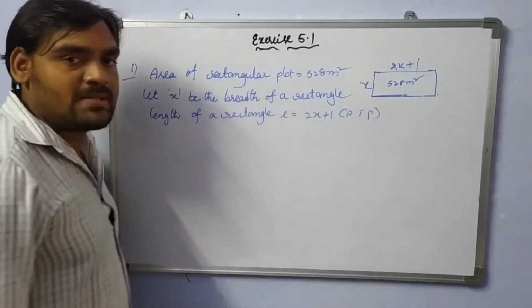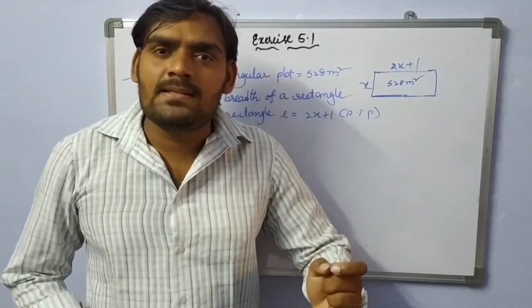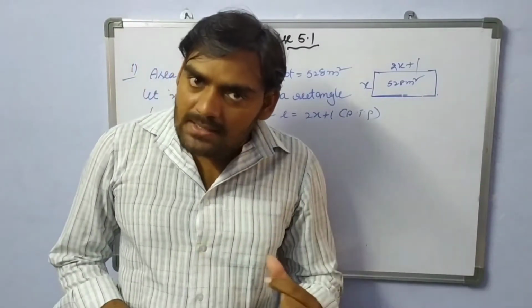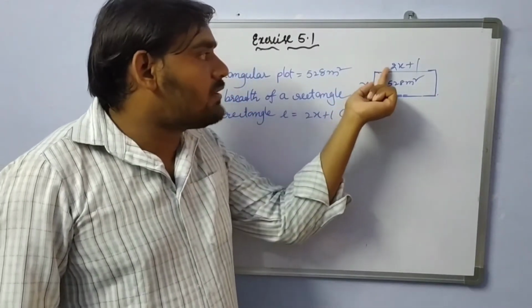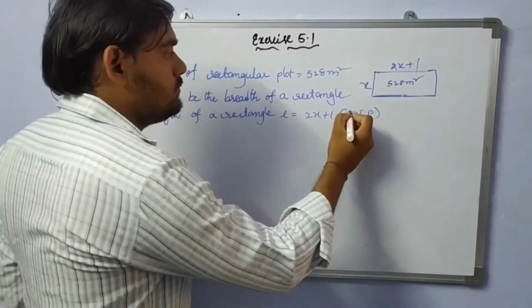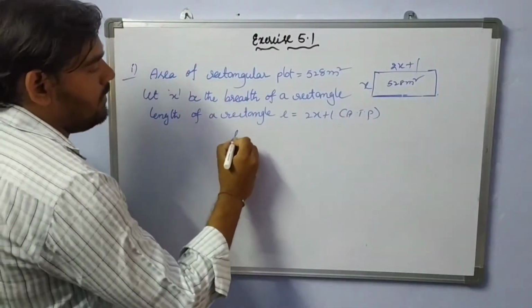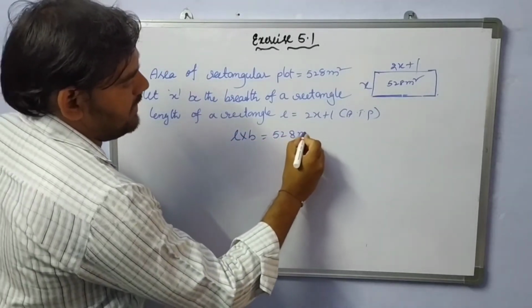Why have I considered 2x plus 1? In the problem they mentioned the length of a rectangle is one more than twice its breadth. If I assume x is the breadth of the rectangle, then the length will be 2x plus 1 according to the problem. Now L into B is equal to 528 meters square.